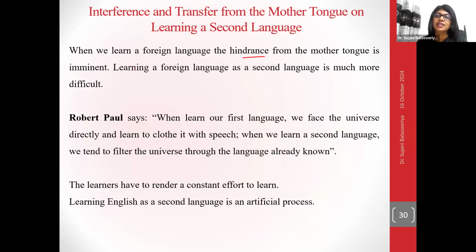Subconsciously, you select the mother tongue, which means mother tongue is the domineering language. So this dominance of the mother tongue will be a problem. It will be a hindrance. It will be something that blocks the second language acquisition or second language learning or even foreign language learning process.